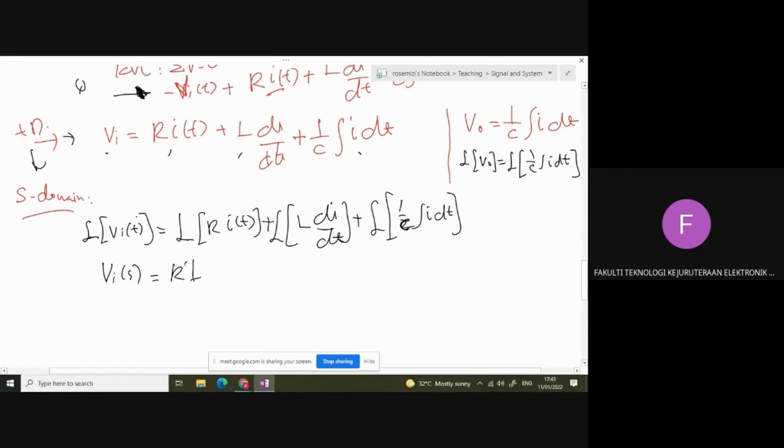So now, for this one, we become Vin(s) equal to R I(s) plus Laplace of L di over dt, which is L s I(s), plus for this one, when we Laplace the integral we get 1 over Cs, I(s).